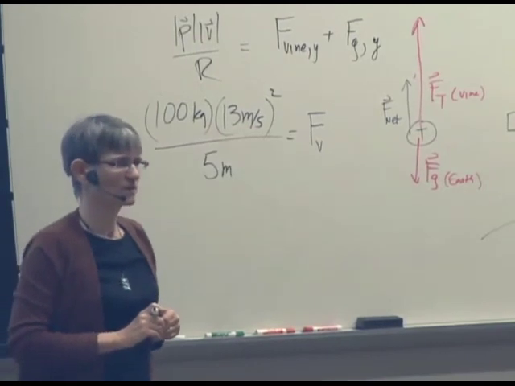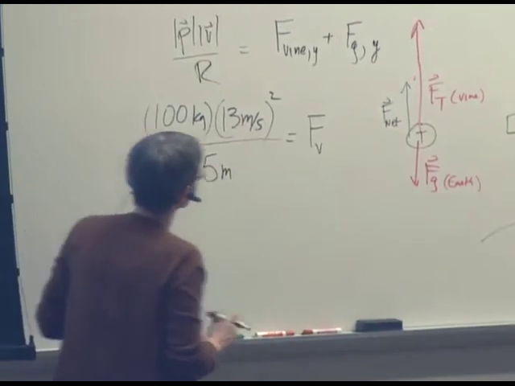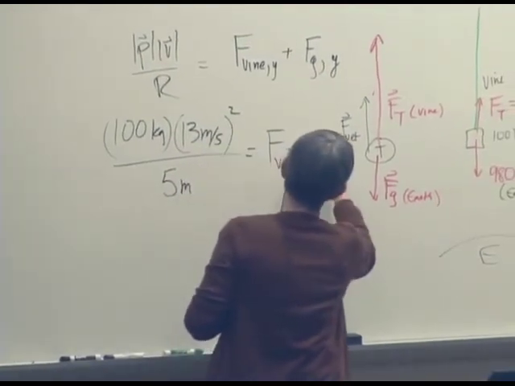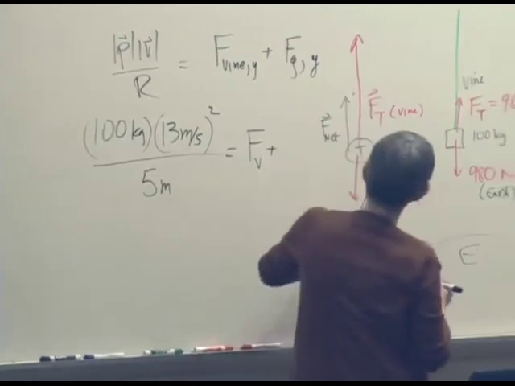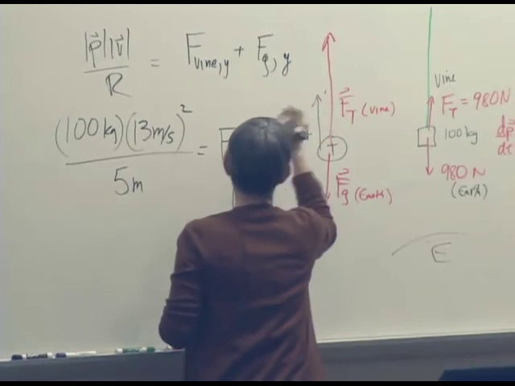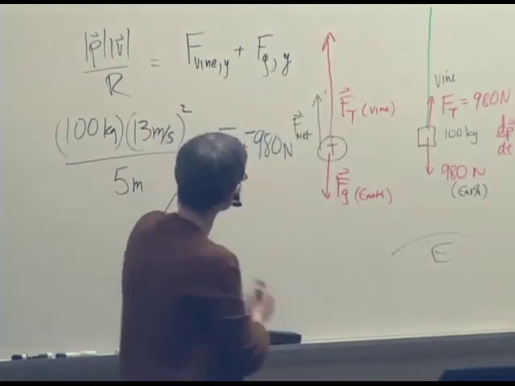Yes, exactly. At the moment, the length of the vine is indeed the radius of the kissing circle. And so we have the force due to the vine plus the gravitational force, which we worked out to be 980 newtons in the minus y direction.